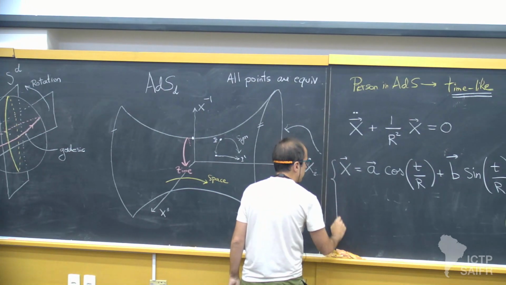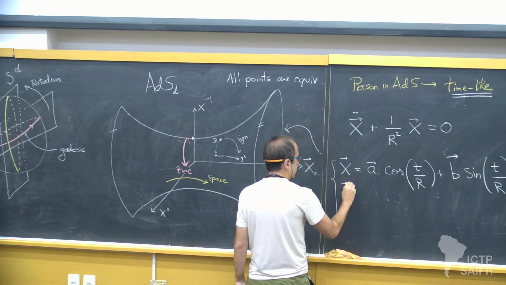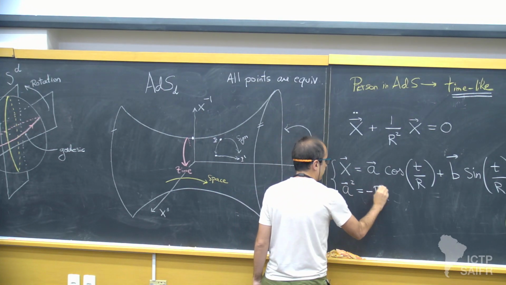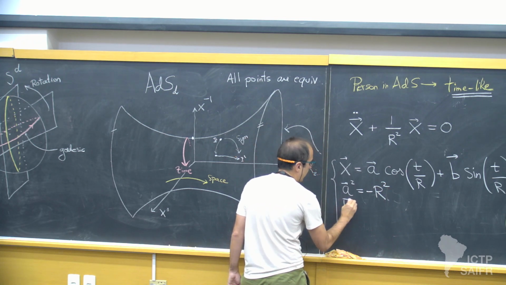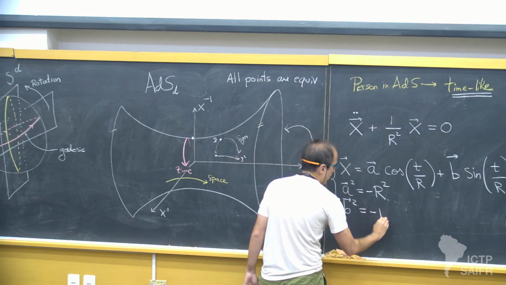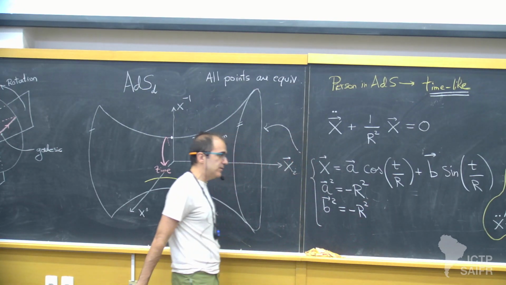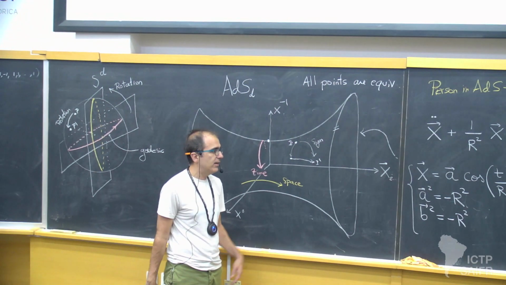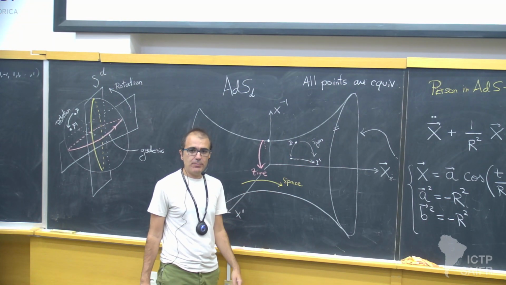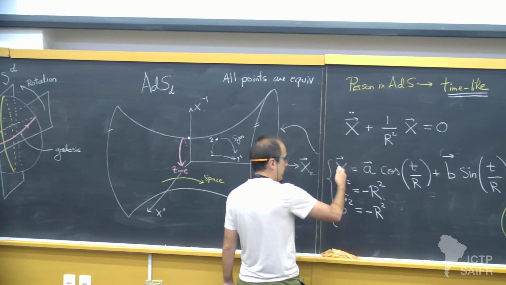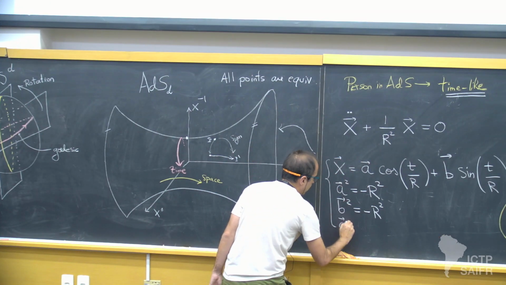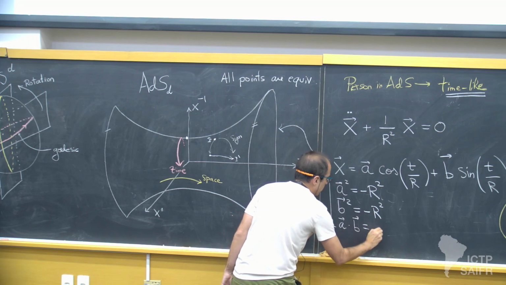We need the condition that A squared needs to be minus R squared, because I need to be on the hyperboloid. B also needs to have its square be minus R squared, because when T is equal to pi over 2 times R, B must be on the hyperboloid. And now, if you want actually all points to be on the hyperboloid, you can easily check that A needs to be orthogonal to B.